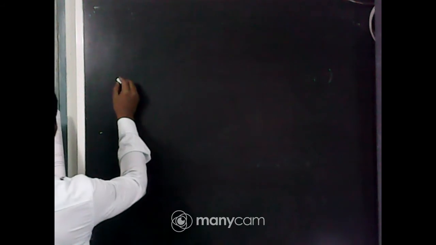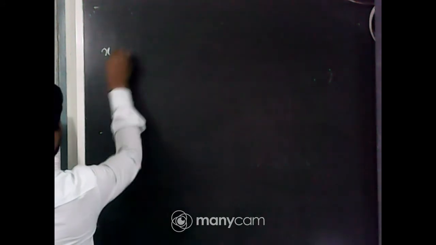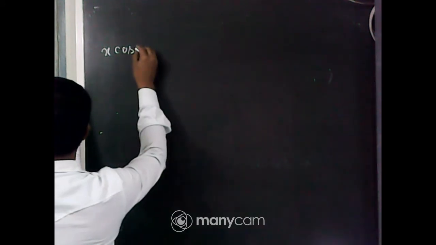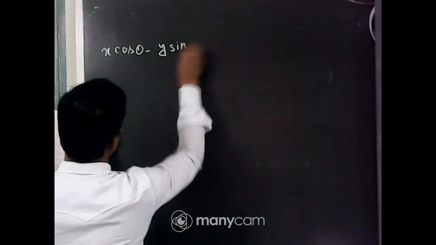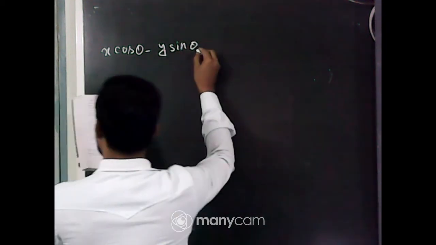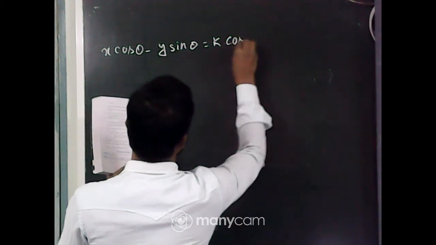Okay, so write the two equations. One equation is x cos theta minus y sin theta is equal to k into cos 2 theta.